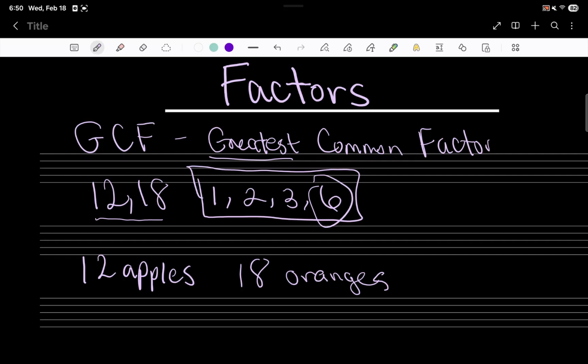Since we already discovered that the greatest common factor of 12 and 18 is 6, we can make 6 bags of apples and oranges with no leftovers.